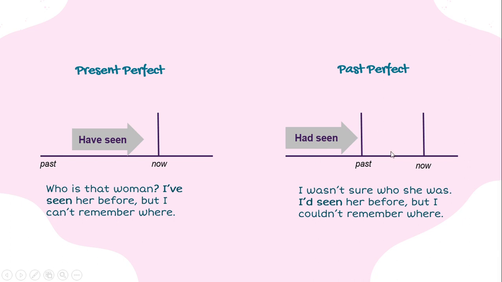Past perfect, past tense, now. And we also have a conjunction before in here. Usually, in this kind of sentence that is followed by conjunctions, it is in the form of simple past like this.